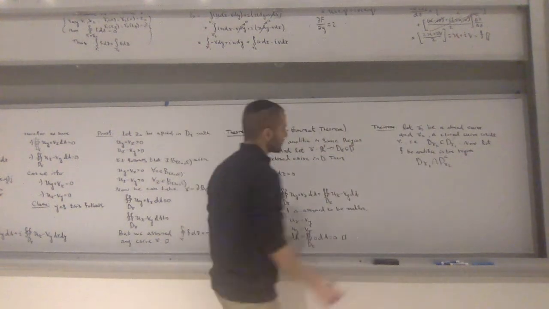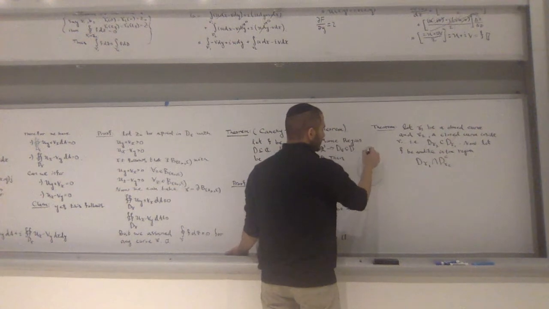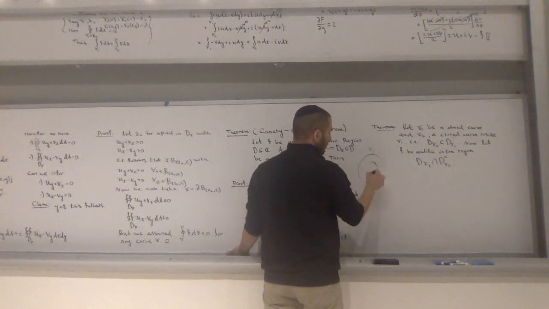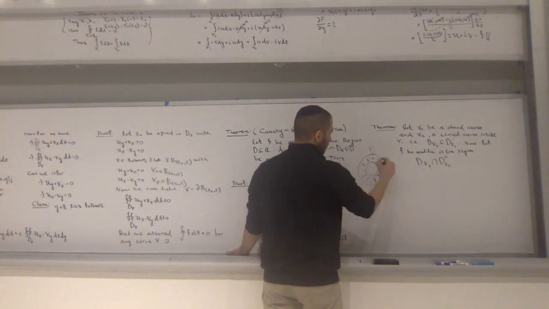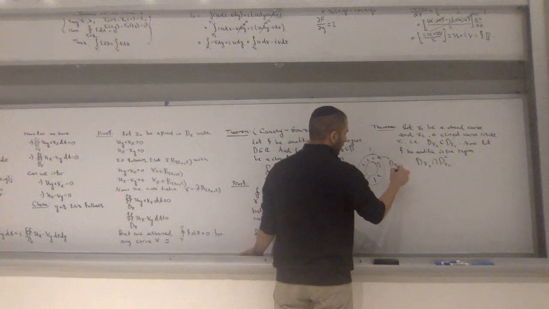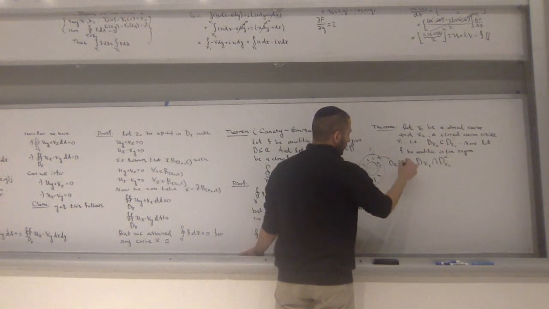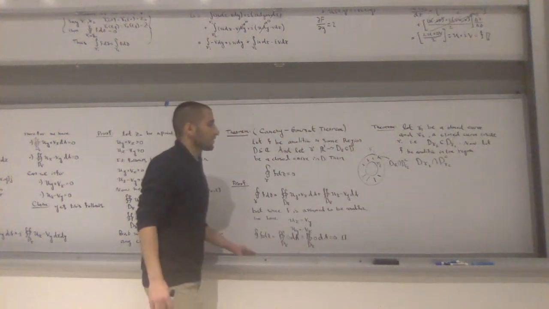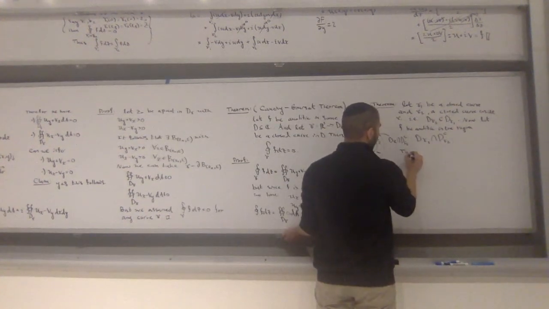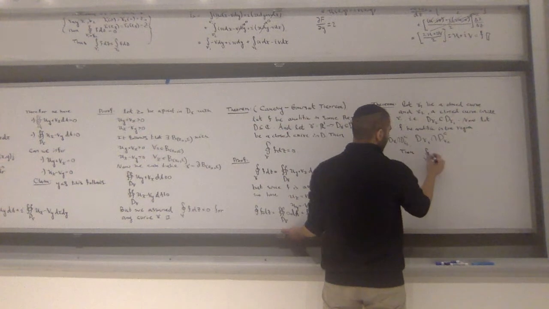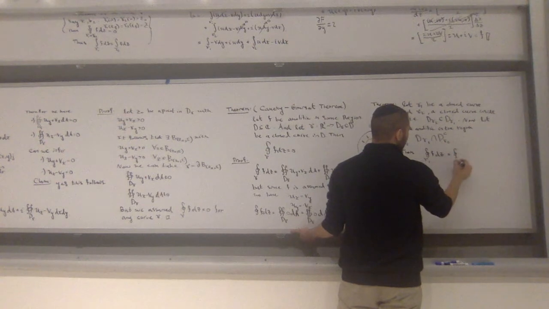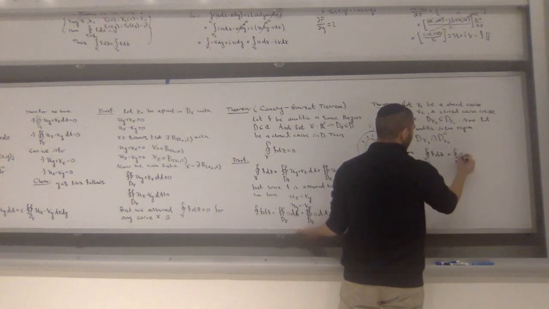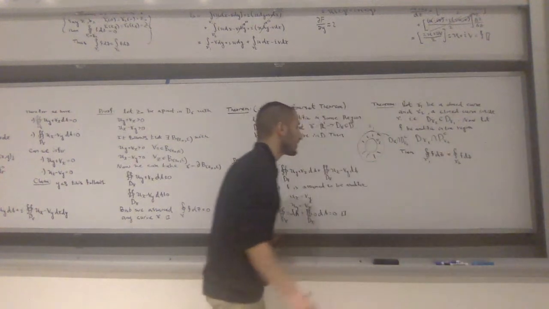In other words, the picture: this is gamma 1, and this is gamma 2, and this region is D gamma 1 intersection D gamma 2 complement. Then, says the theorem, the closed integral of f dz around gamma 1 is equal to the closed integral around gamma 2 of f dz. That's the theorem.